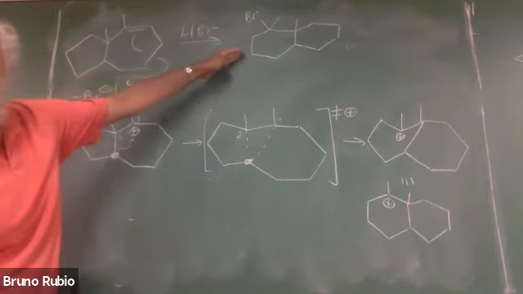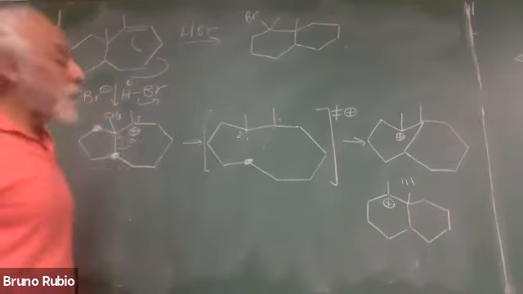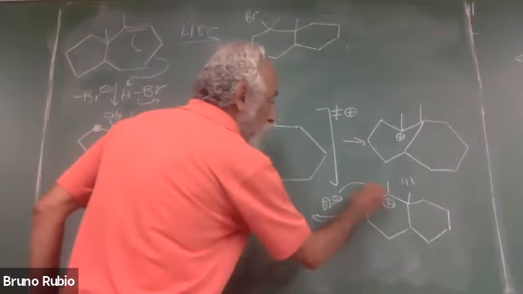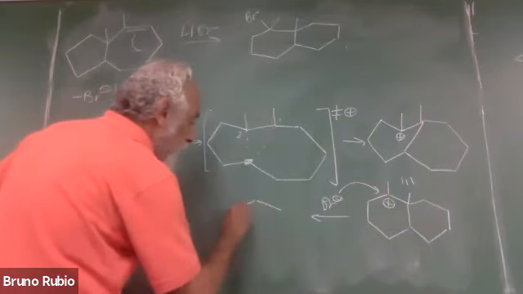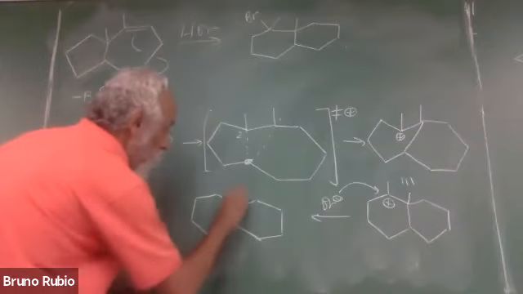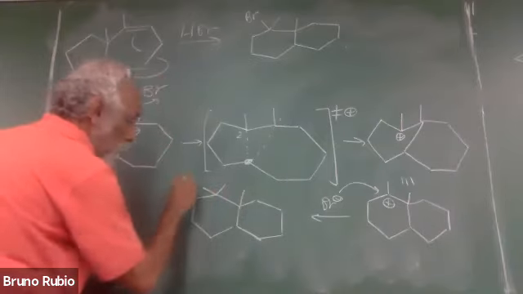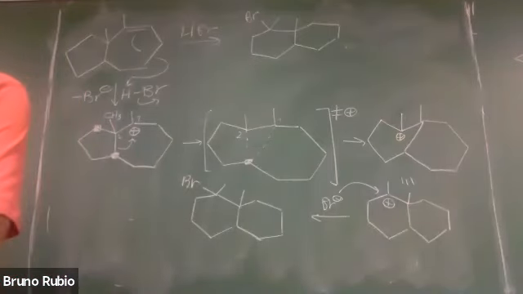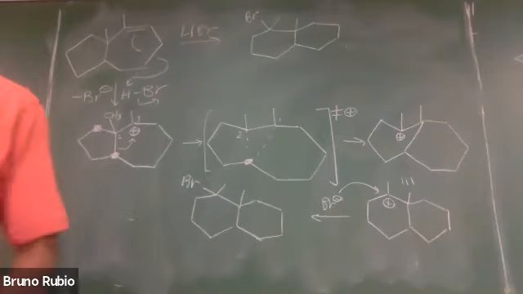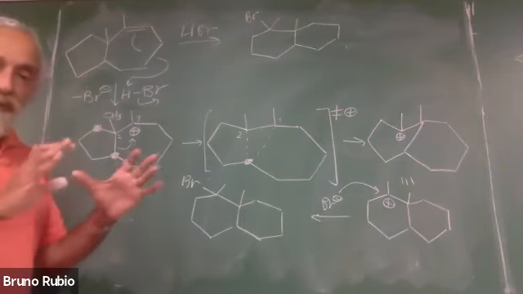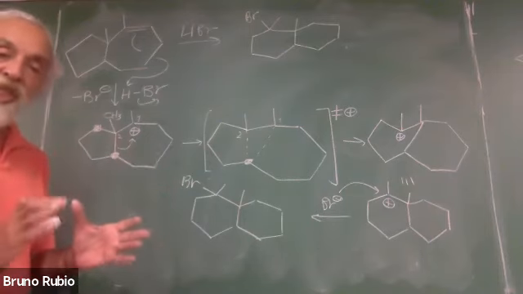Now, finally and at last, the Br minus can come in here and capture this carbocation. And so there is my product. Okay, so what you're doing when you're dealing with these problems is that you are looking for the reconfiguration of the skeleton.